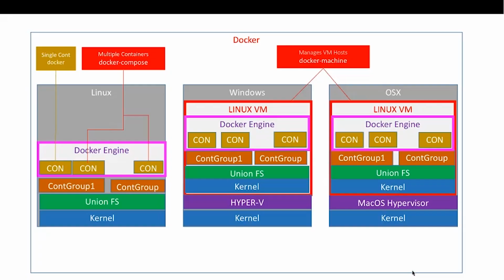Not a problem. All right, so again, you have this Docker engine, and this Docker engine is what's used to run these individual containers. It provides the infrastructure to run these, okay? Now, to execute on a single container, you simply use the Docker command.